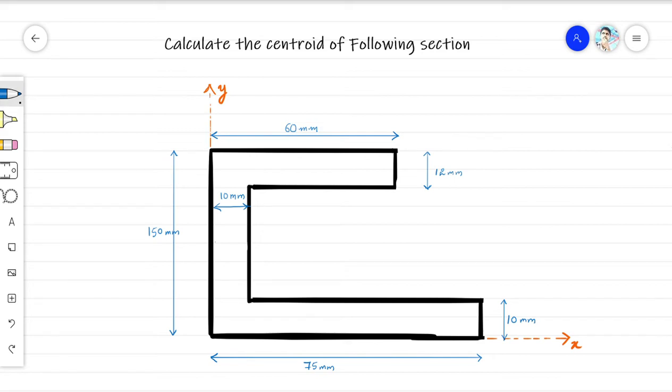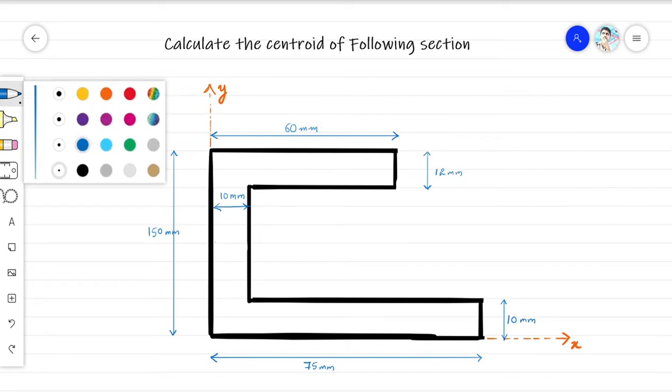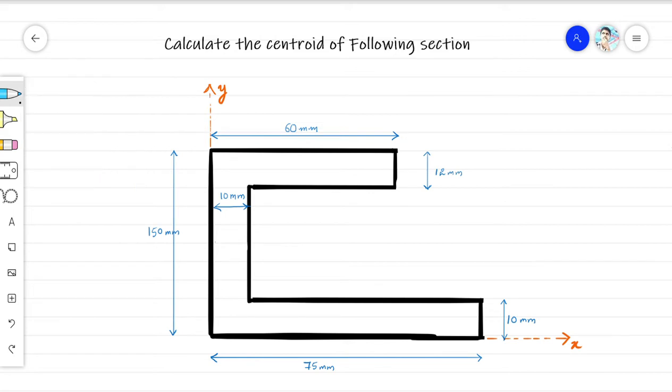What we have to do is divide this section into three rectangular forms depending upon the section. So I presume that there is one cut and there is a second cut over here.